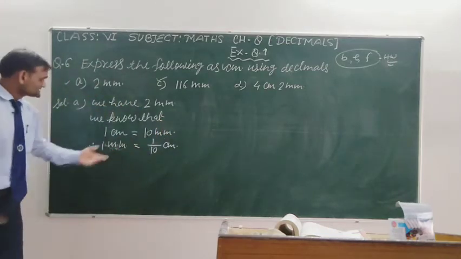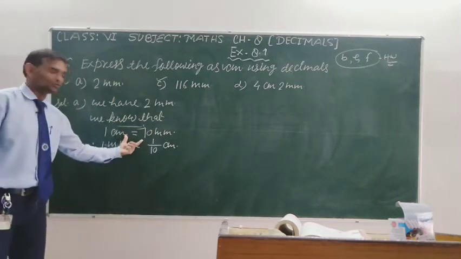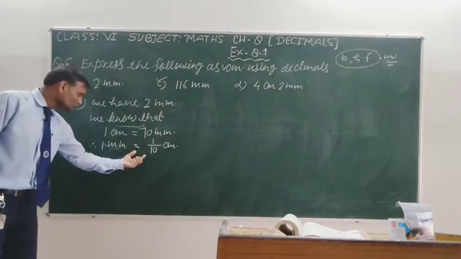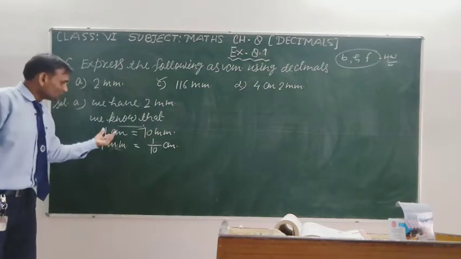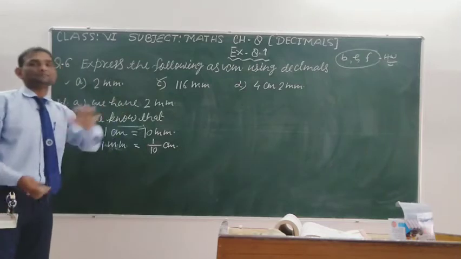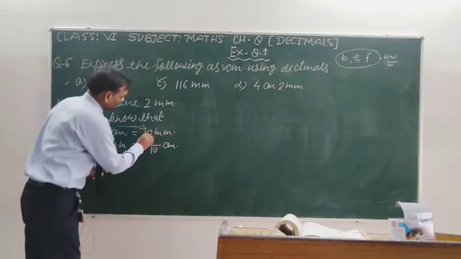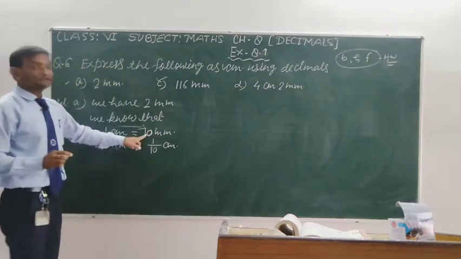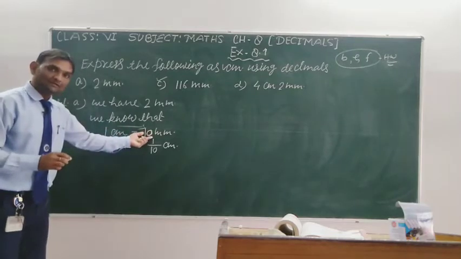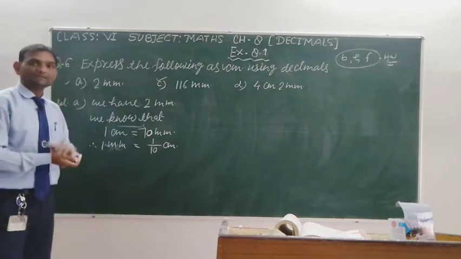This is the opposite scale. The straight scale directly says 1 centimeter is equal to 10 millimeter, but this is the opposite scale. 1 centimeter is 10 millimeter, so 1 millimeter is equal to 1 upon 10 centimeter. You have learned this in class 5th. So 1 millimeter is equal to 1 by 10.